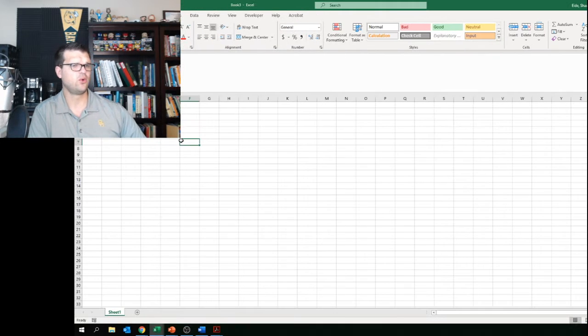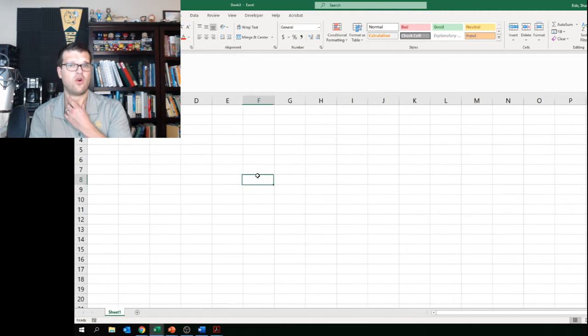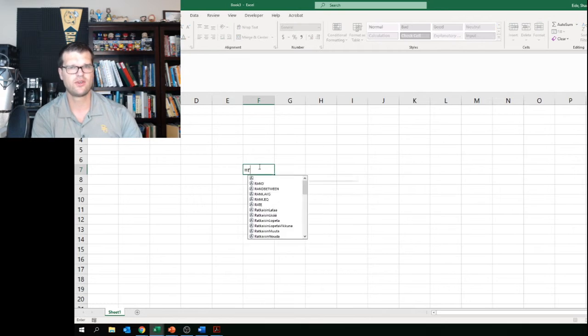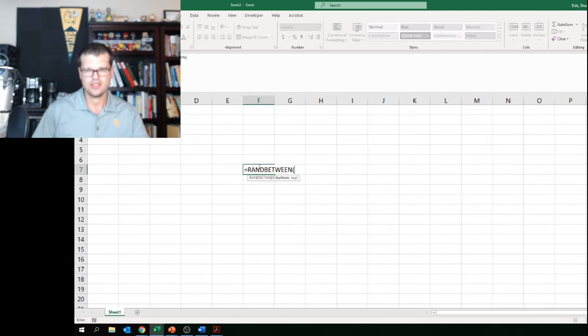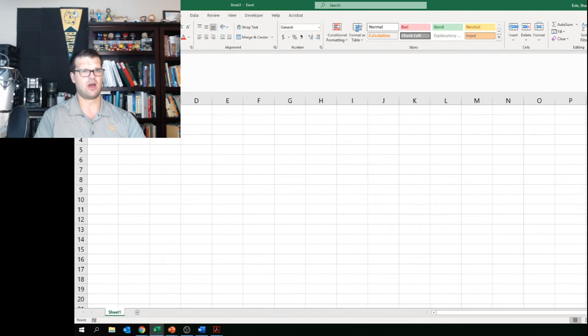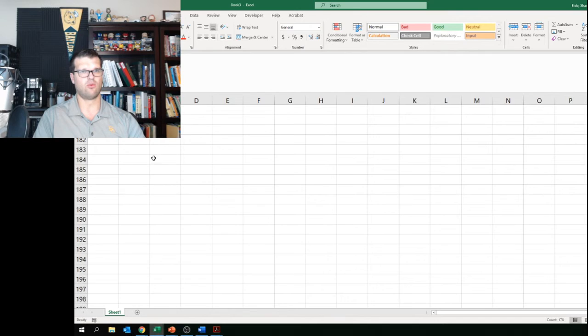When you do this on your project for your homework, it says to do this random sampling thing. This is what you do: equals RANDBETWEEN. Say for instance you have 100 people, and you put their names here: person 1, person 2, all the way down to 100, or 178.